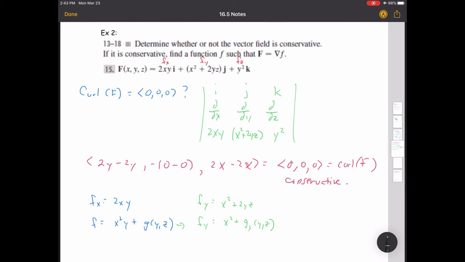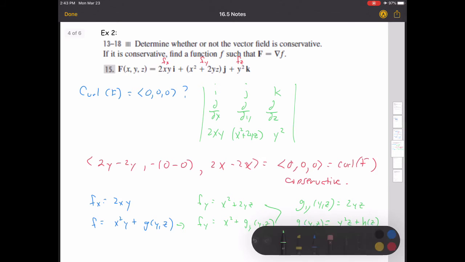And since these two things in green have to equal each other, that means g sub y of yz equals 2yz, which means taking the antiderivative, again, only with respect to y now, g of yz is going to be y squared z plus some function of z, h of z.